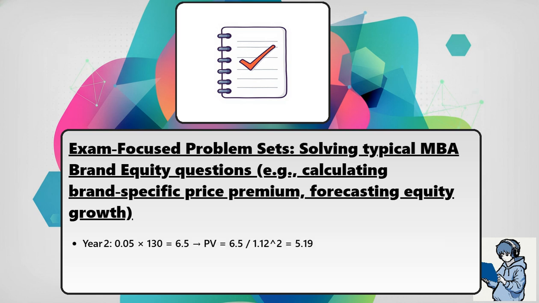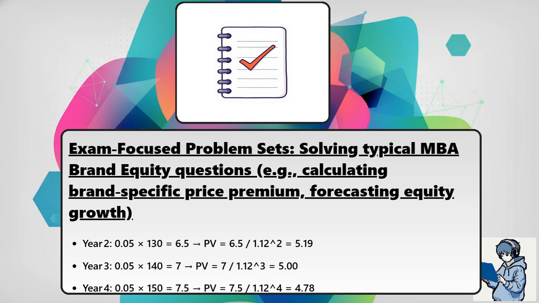Year 2, 5% times 130 million equals 6.5 million. Present value equals 6.5 million divided by 1.12 squared equals 5.19 million. Year 3, 5% times 140 million equals 7 million. Present value equals 7 million divided by 1.12 cubed equals 5.0 million. Year 4, 5% times 150 million equals 7.5 million.